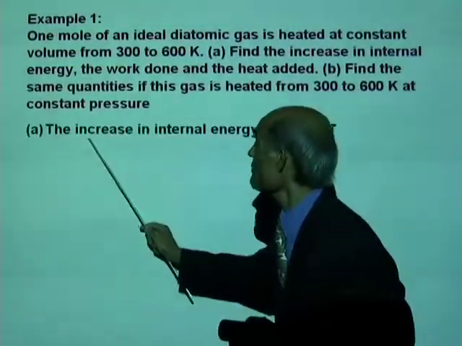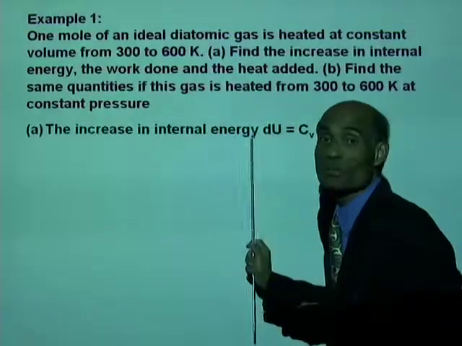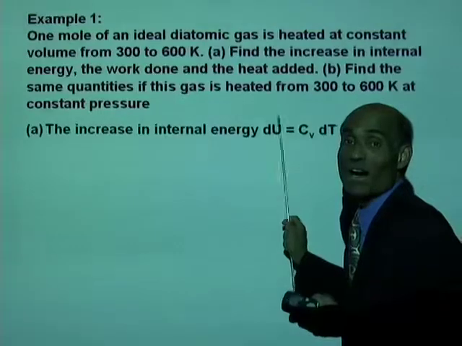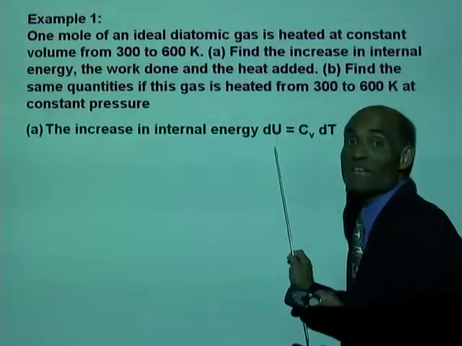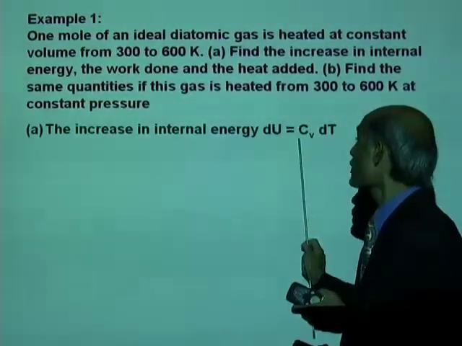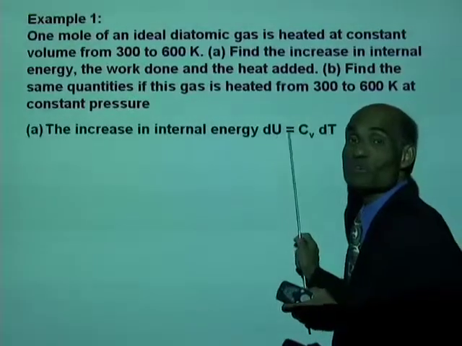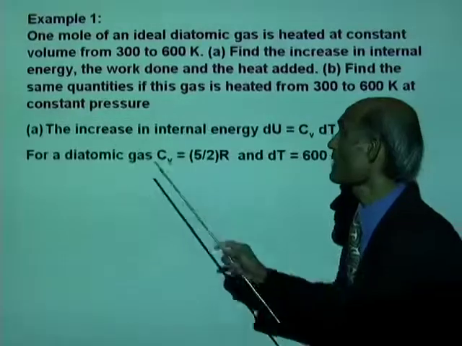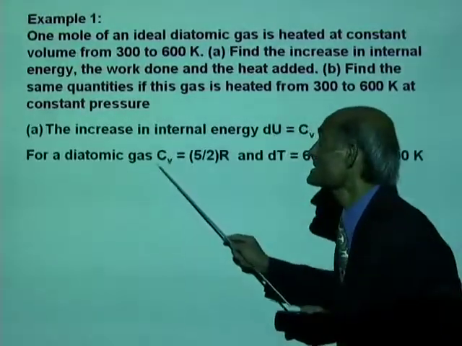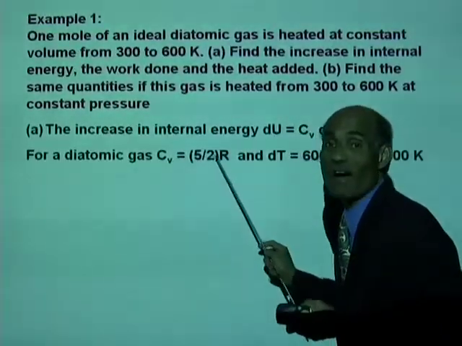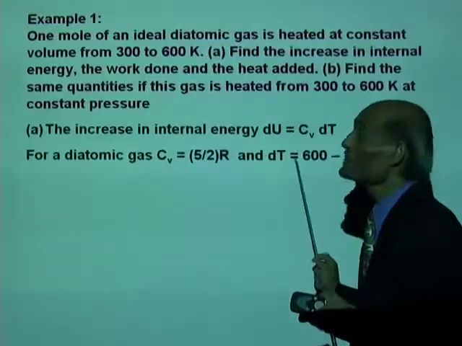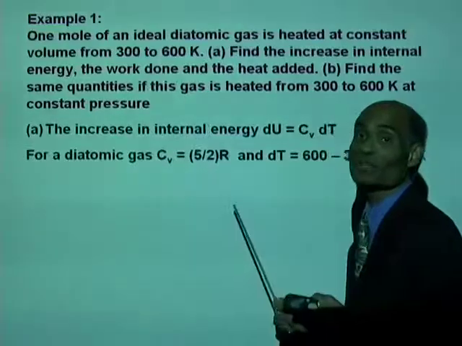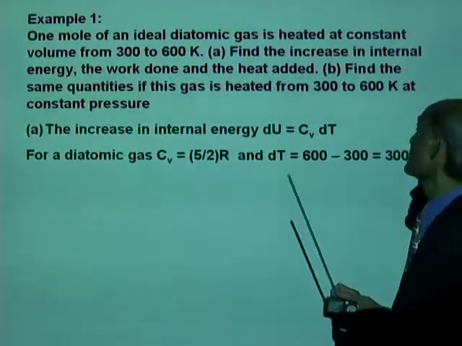Well, first we have the increase in internal energy. Remember, increase in internal energy is dU. And you know, dU/dT is what we call CV. So dU equal to CV times dT. For a diatomic gas, CV equal to 5/2 R, and dT is given to be 600 minus 300, and that is 300 Kelvin.